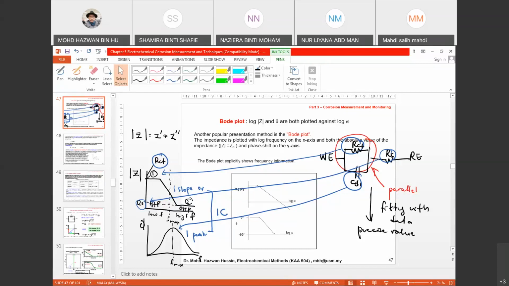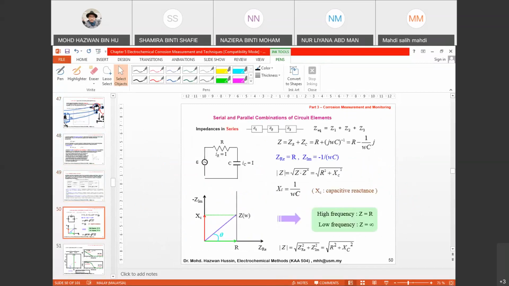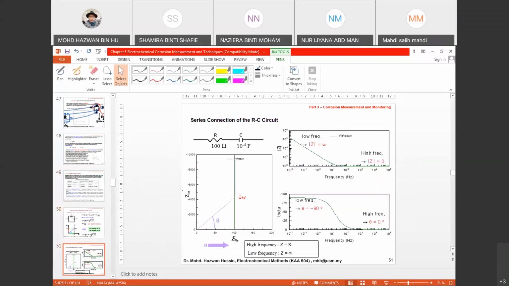Okay, this one we will see on Thursday, but I just want to give a teaser of what you will see. Imagine that you have this kind of data. You have a Bode plot, with modulus versus frequency. If you notice over here, the flat line is here, right?